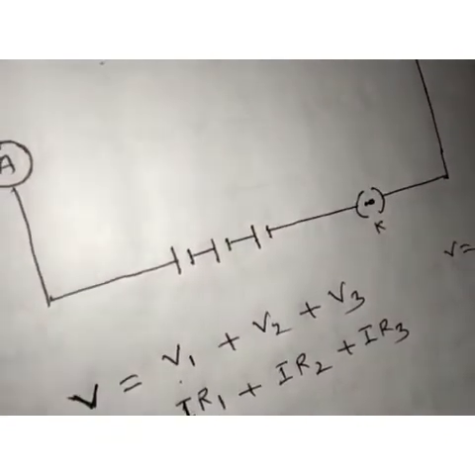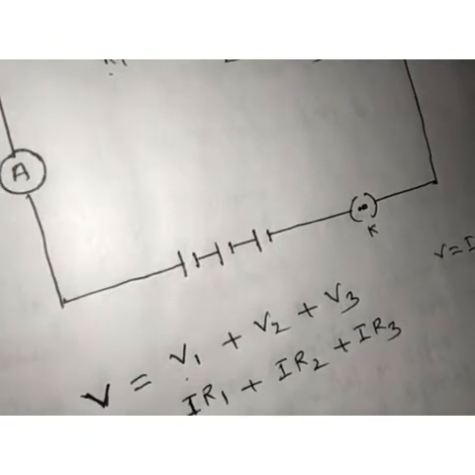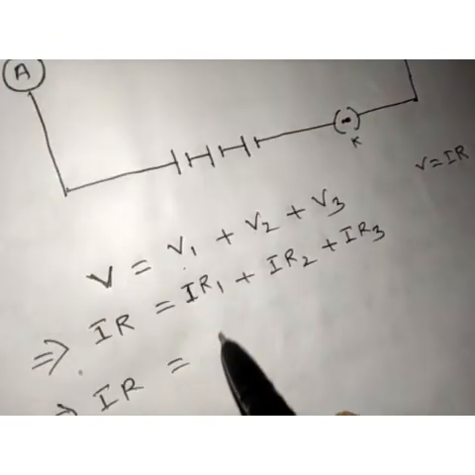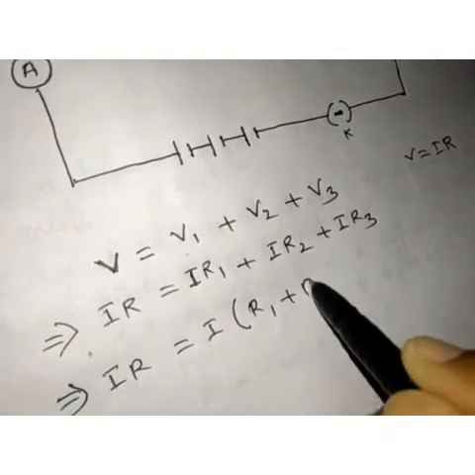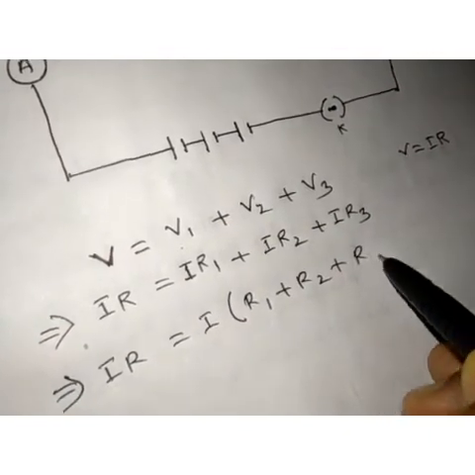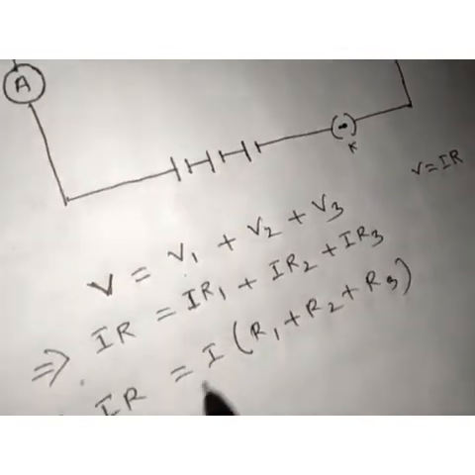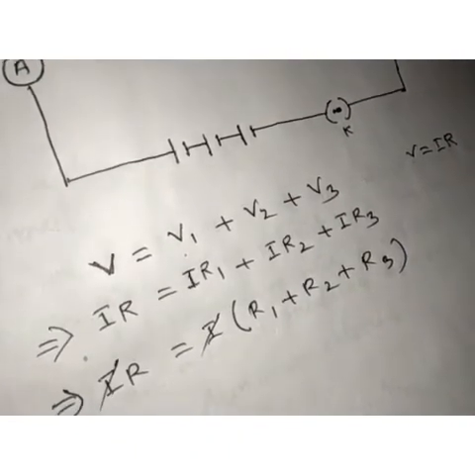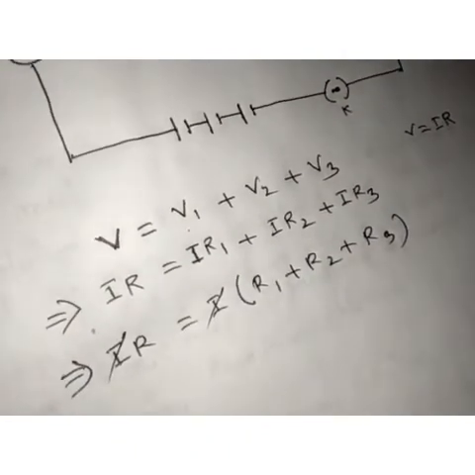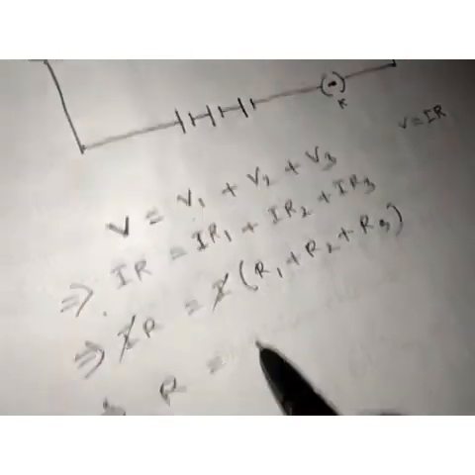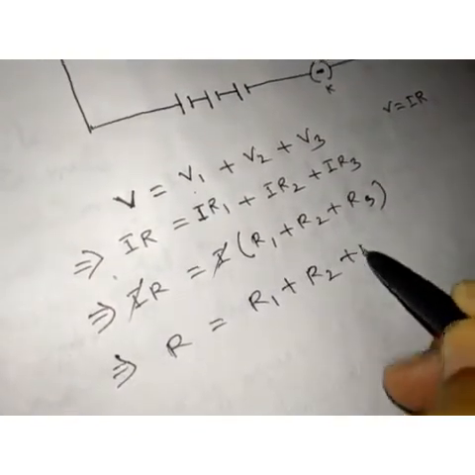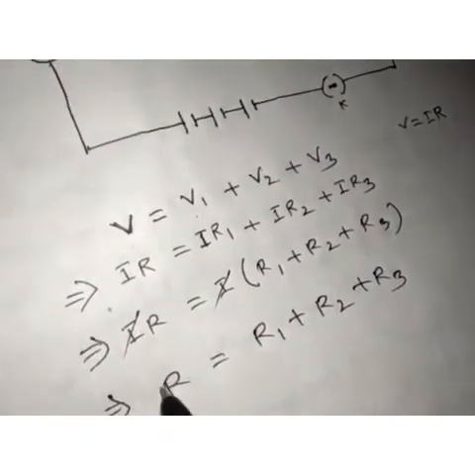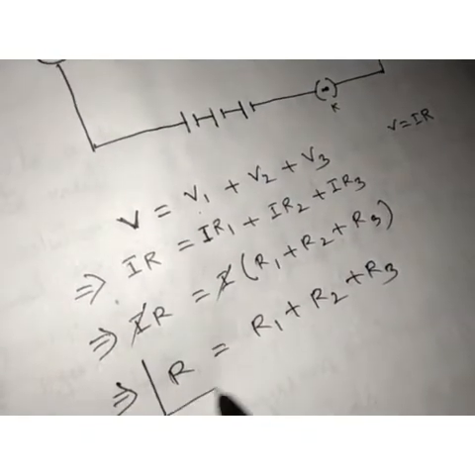Then IR, we can take I common, then R1 plus R2 plus R3. Then I gets cancelled on both sides. Then R equals R1 plus R2 plus R3. That means this R is called equivalent resistance.